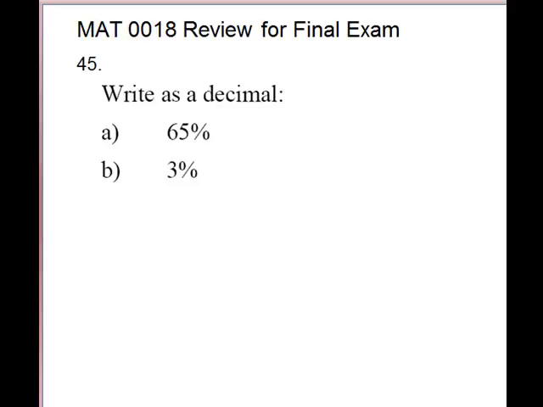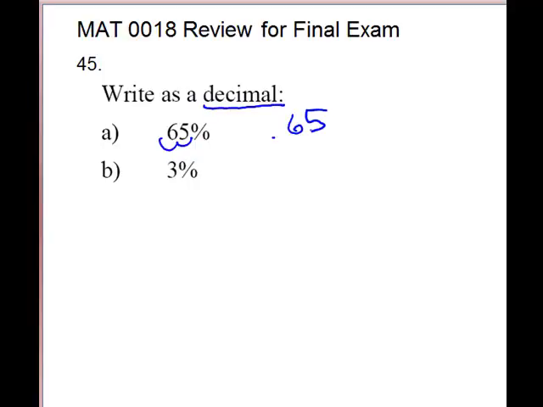Our next kind of question is to write as a decimal. This is our most common one that we use. And so we're going to drop the percent and move our decimal 2 places to the left. So for the first one, our decimal is at the end. We're going to drop the percent off and move the decimal 2 places to the left to get 0.65.